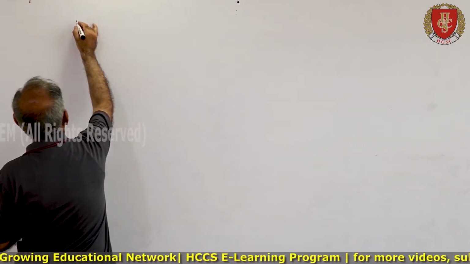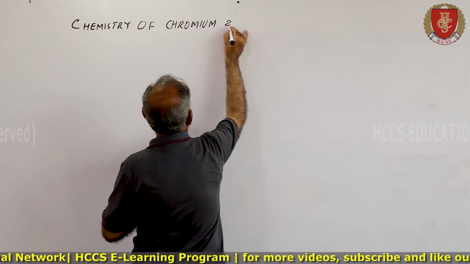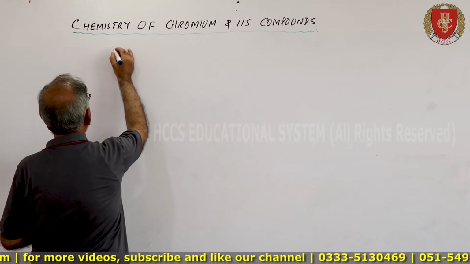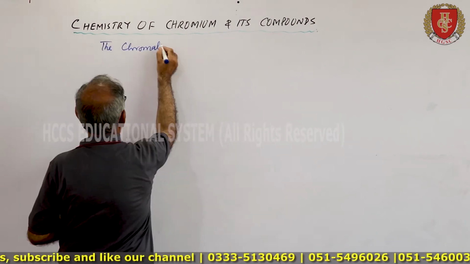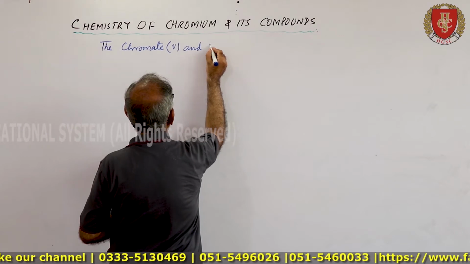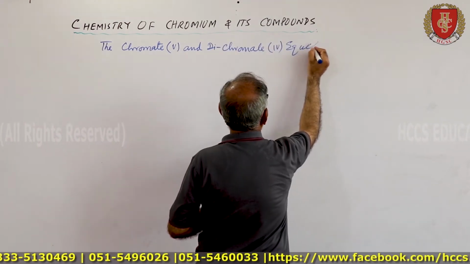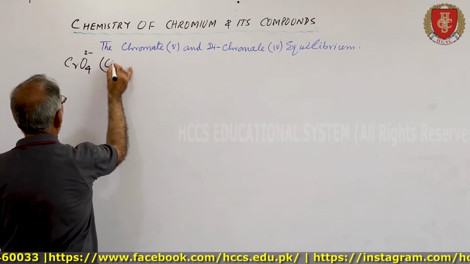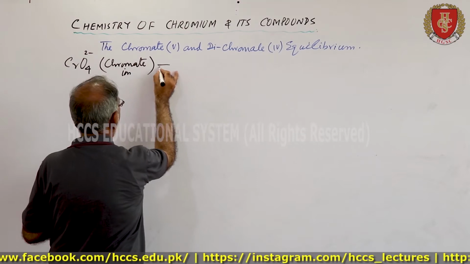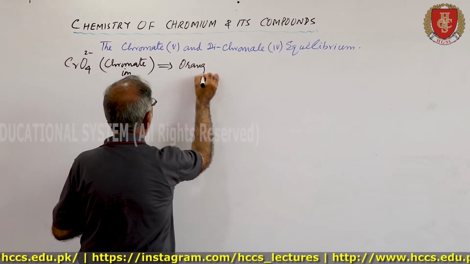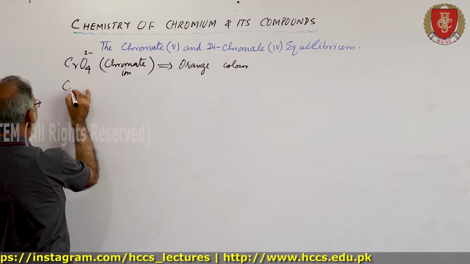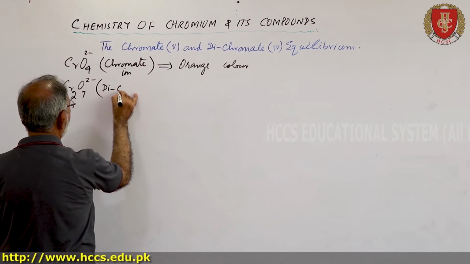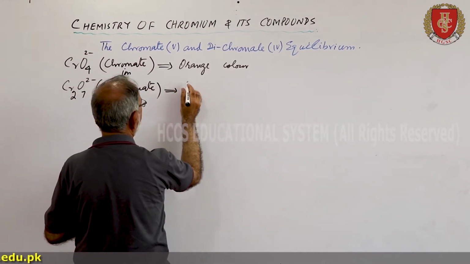Now the chemistry of chromium and its compounds. We will discuss the chromate 6 and dichromate 6 equilibrium. The chromate ion CrO4 2- is yellow in color, whereas Cr2O7 2-, that is the dichromate ion, is orange.